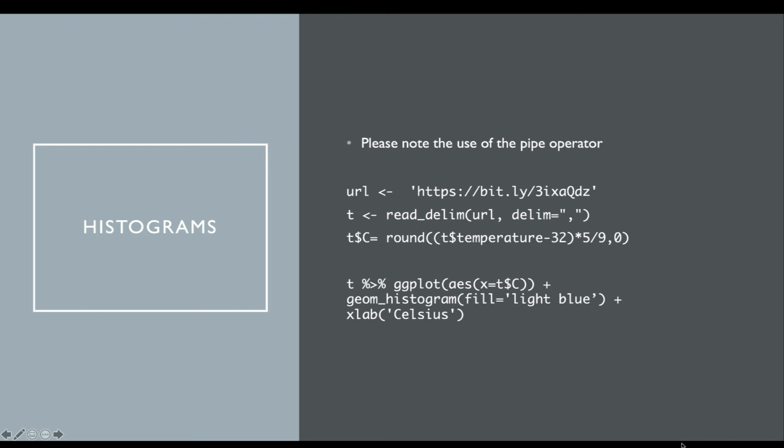In this case, our aesthetic has only one column: the x-axis is the C column in the data frame T.